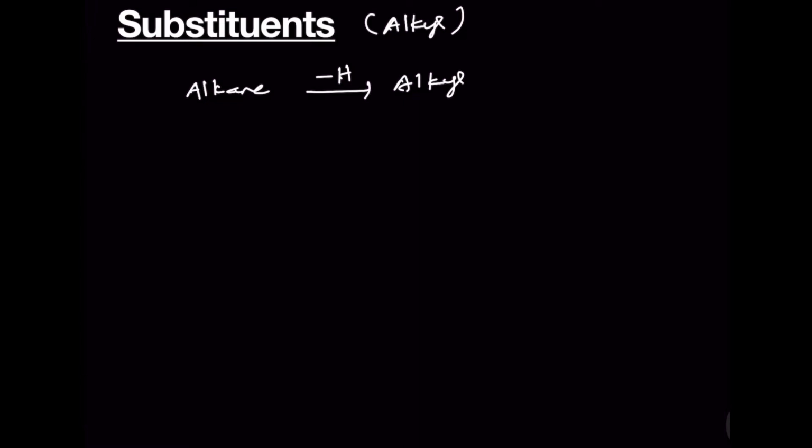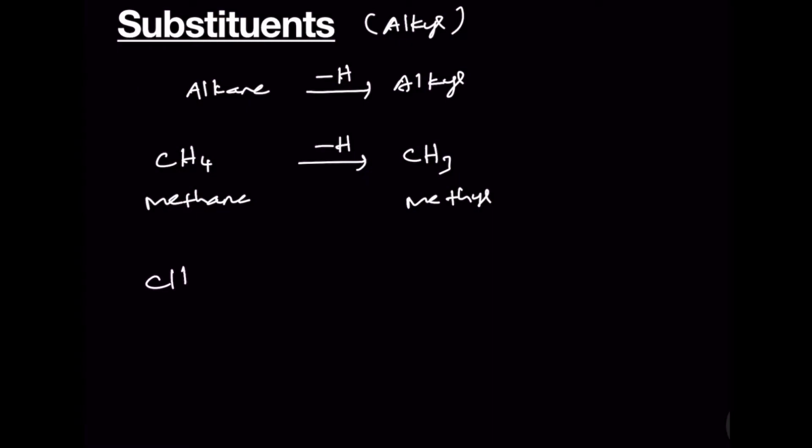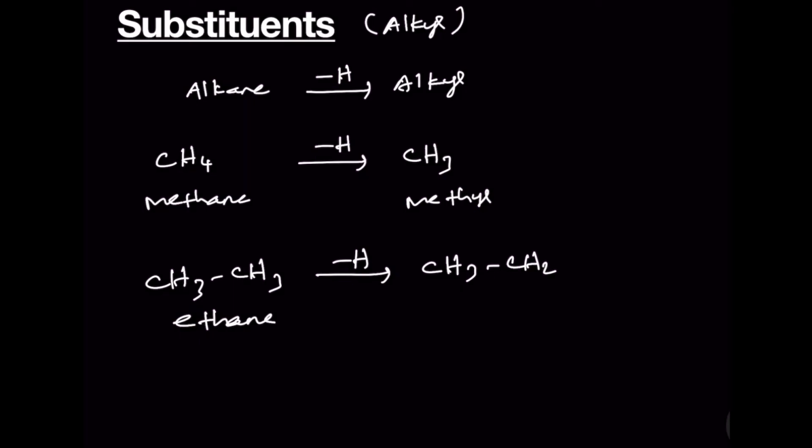For example, let's say you have methane, CH4, remove a hydrogen atom and that becomes methyl. If we have ethane, CH3CH3, remove one hydrogen atom and that becomes ethyl.